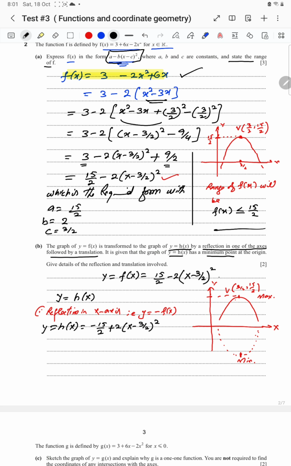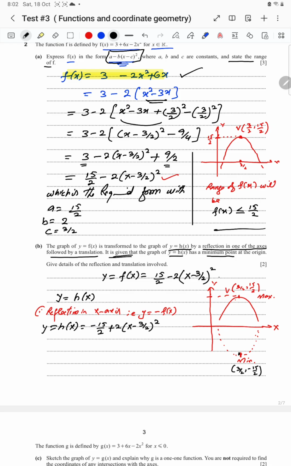In this maximum minimum concept we got it because the given transformation is reflection in one of the axes followed by translation, and it is given the graph has a minimum value at the origin. So we have this now. Reflection we did in the x-axis. So now the vertex will be 3 by 2 and minus 15 by 2 for the minimum.